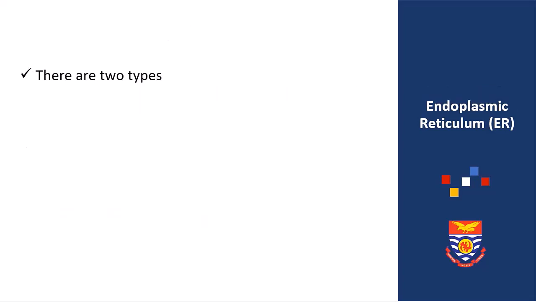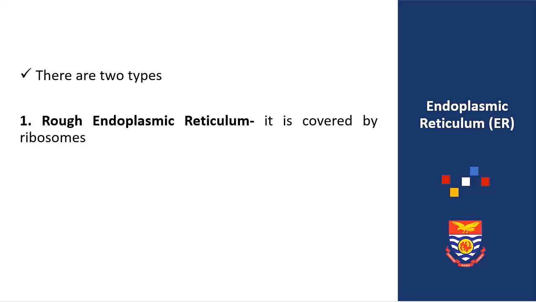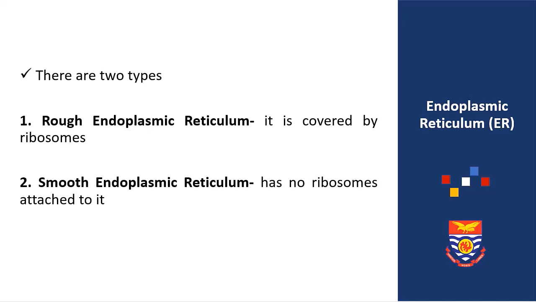There are two main types of endoplasmic reticulum: the first being rough endoplasmic reticulum, and then smooth endoplasmic reticulum. The rough endoplasmic reticulum has its surface covered by ribosomes, whereas the smooth endoplasmic reticulum has no ribosomes attached to it.